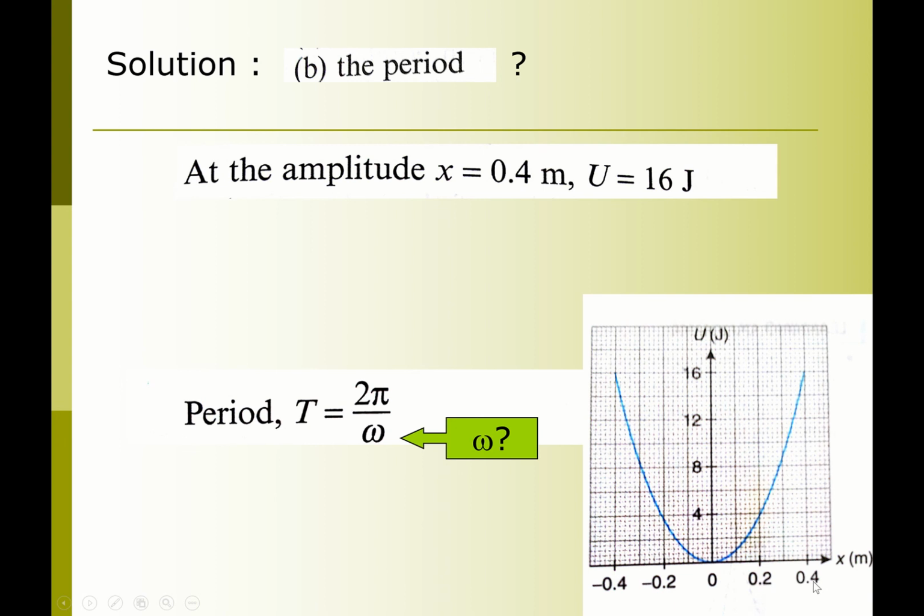At the maximum displacement 0.4, the U value is 16. And the potential energy U equals half m omega squared x squared. So for the x here we use the maximum amplitude, and we equate it to 16.